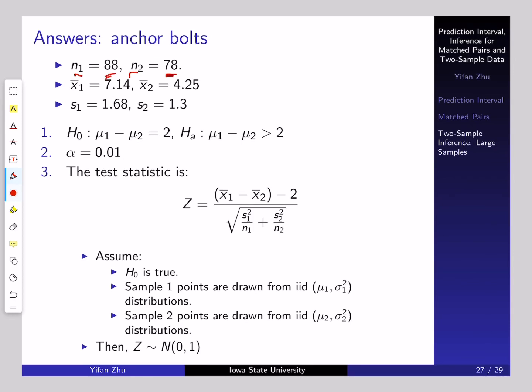In the 3/8 inch one, we have 78 of them. And we calculate the sample mean for both of them, and also the sample standard deviations for both of them. The hypotheses are the null hypothesis, mu1 minus mu2 is equal to 2, and the alternative is that mu1 minus mu2 is greater than 2.